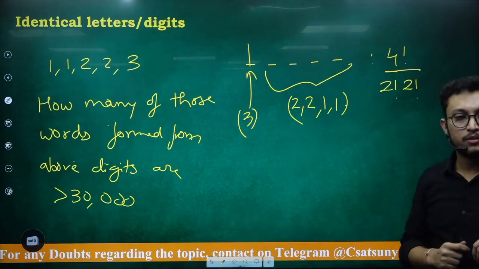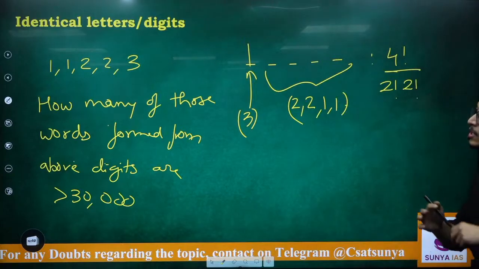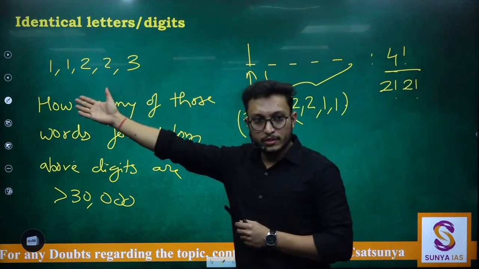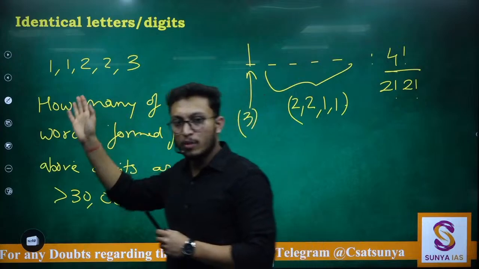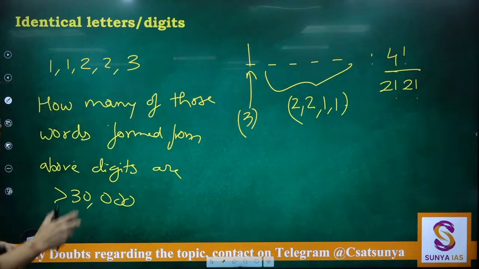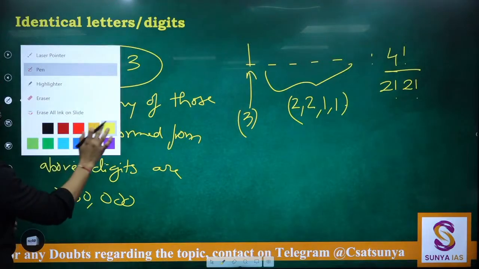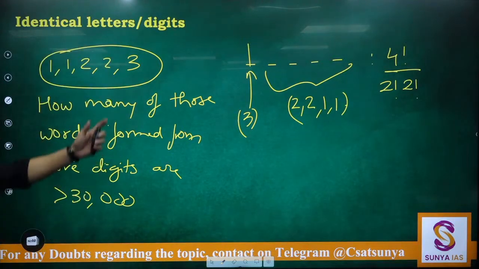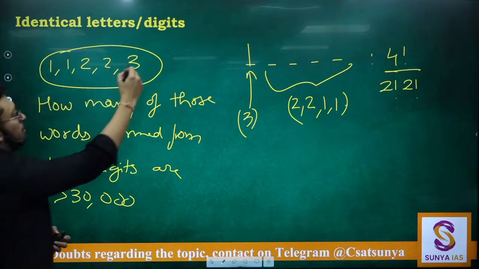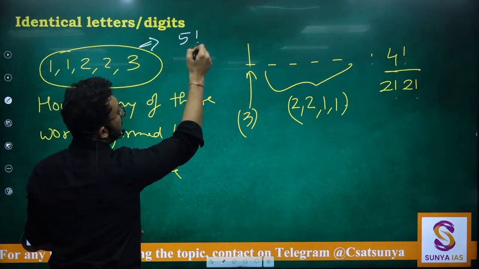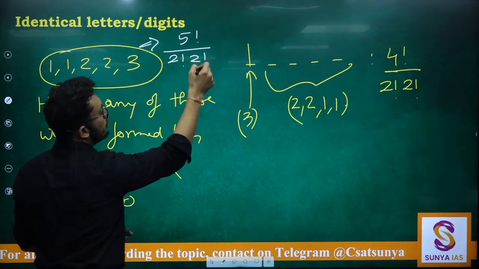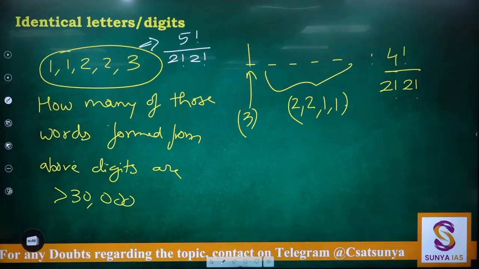उसका भी देख लेंगे. See, these are 5 digits. Total numbers that can be formed. Total numbers कितने बनेंगे इनसे? हाँ. So you can form 5 factorial upon 2 factorial, 2 factorial. These many total numbers can be formed.